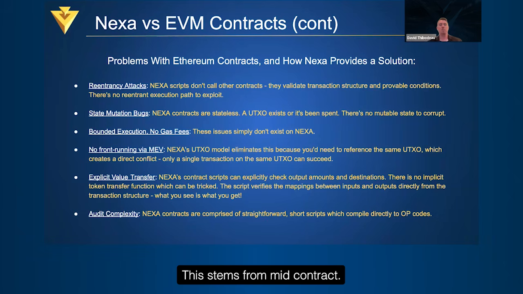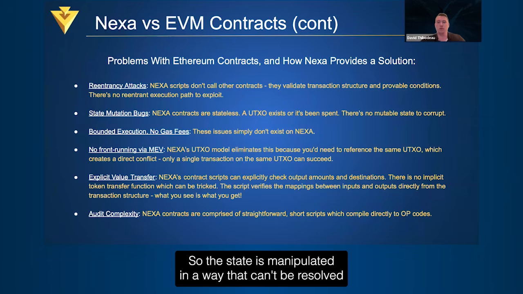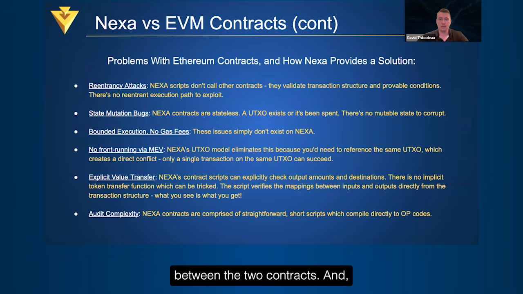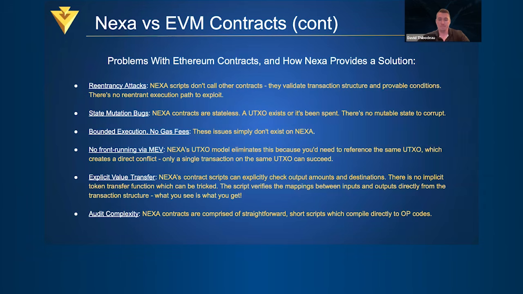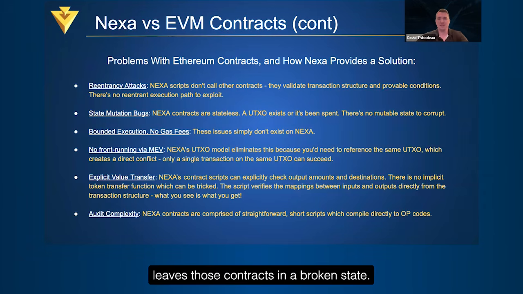This stems from mid-execution, one contract calls another contract, and something becomes corrupted in that contract call before it returns to the first contract. So the state is manipulated in a way that can't be resolved between the two contracts and essentially leaves those contracts in a broken state.